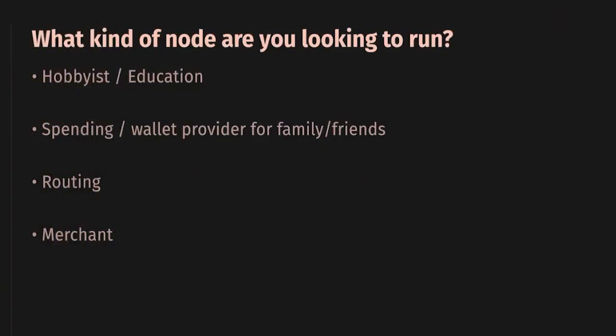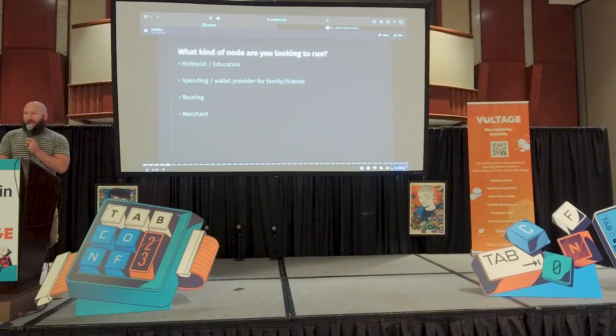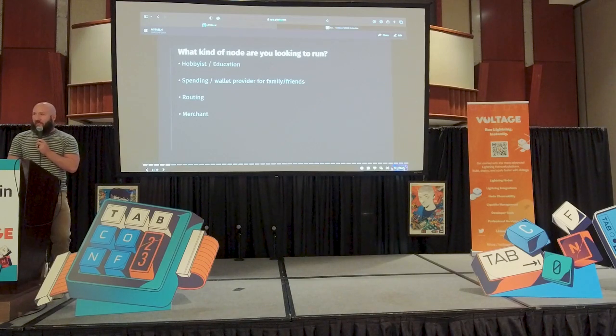So I think there are 4 main types of nodes that people are going to want to run. Hobbyist education is what a lot of folks, including myself, started as. I just want to open a channel, I want to see what it's all about. I believe Bitcoiners are naturally curious, so maybe a lot of you have already gotten to that point before. And then there are those that want to spend their Bitcoin on things and not have to wait for confirmations and not have to worry about custodians rugging you.